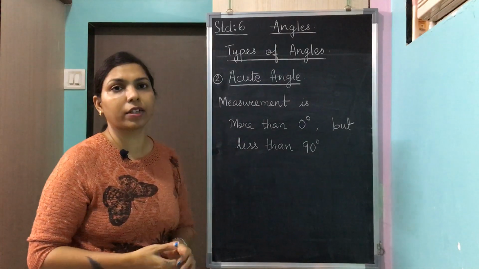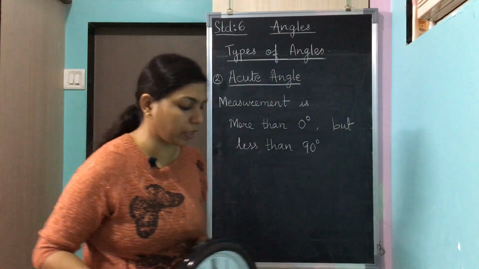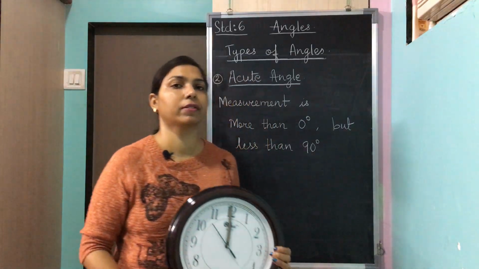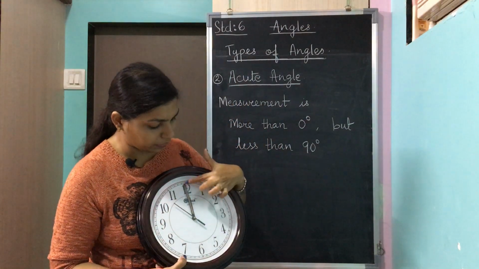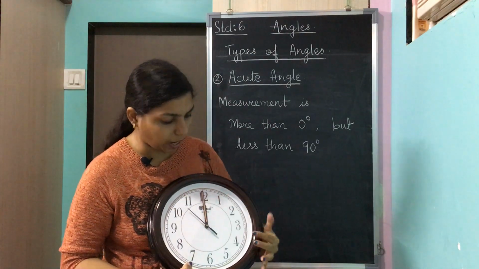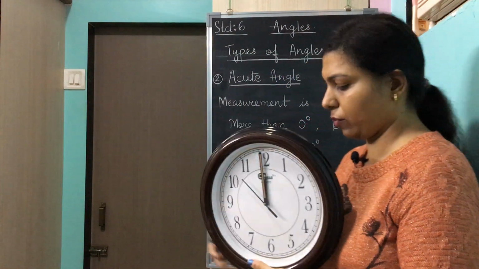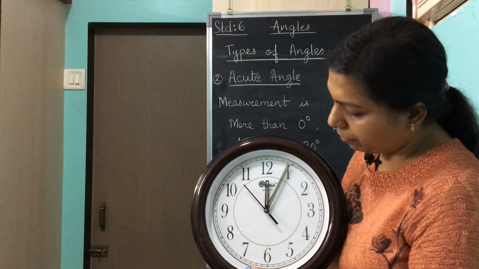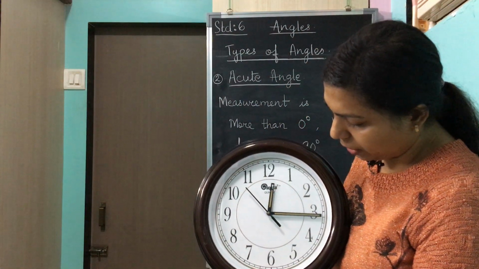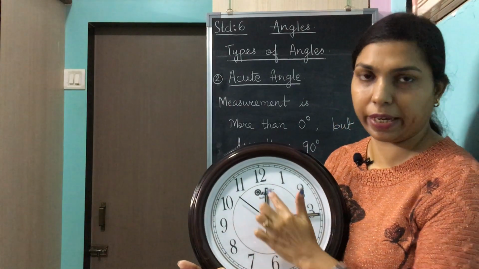Your next type of angle is called an acute angle. This is something that you have already learnt in your previous classes. Now this is 0 degrees, and if we keep one of the arms on number 3, you have a proper L formation which is taking place.